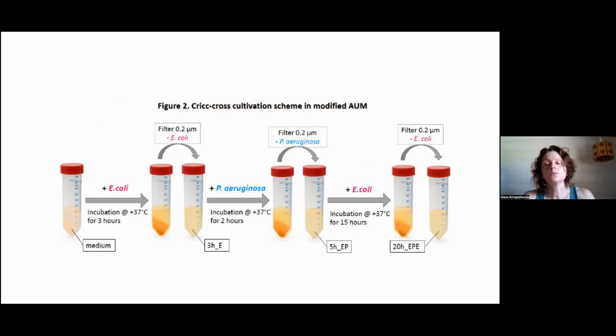We didn't know what we were looking for, but the hypothesis was that they produce some metabolites that would play a role in the interaction between these two species that cause infection of the catheters. Is it clear? Or should I clarify something on this slide? I know it's not so easy to get. Do you have any questions?